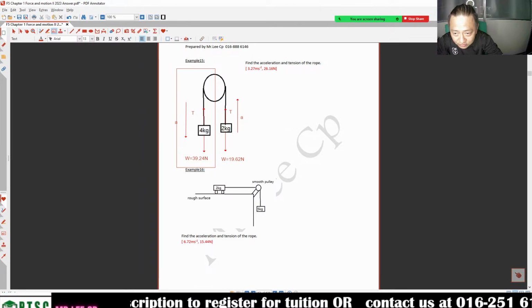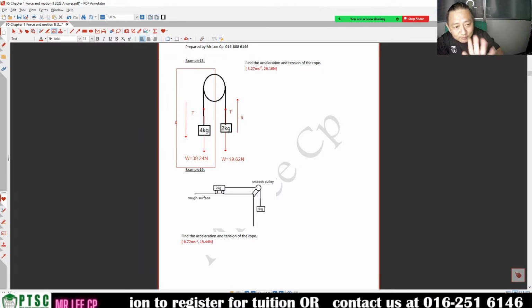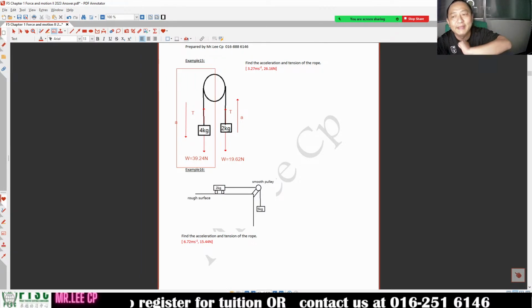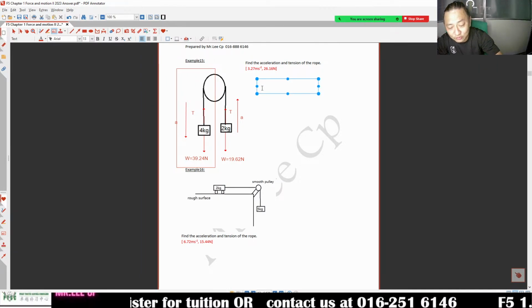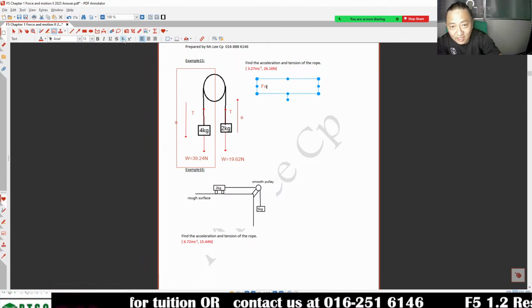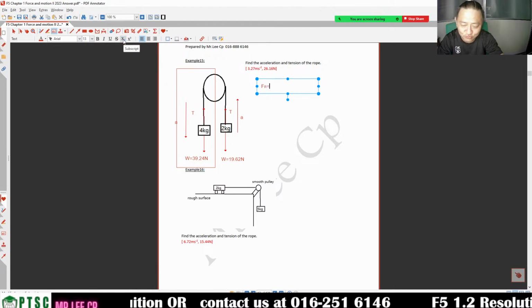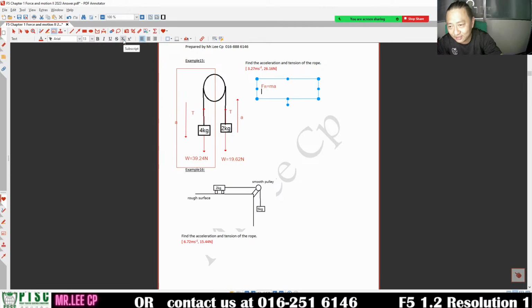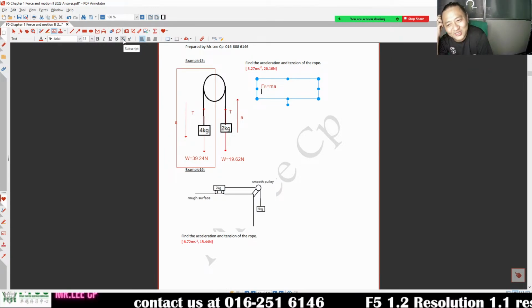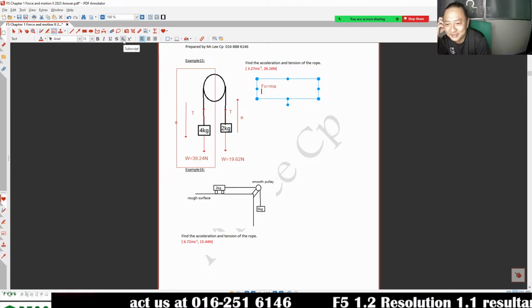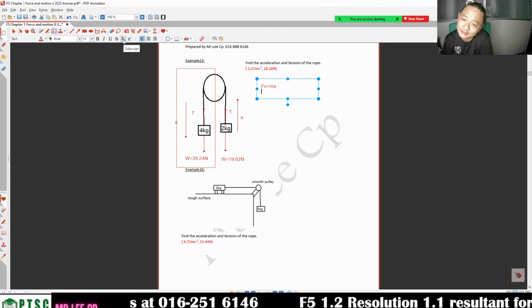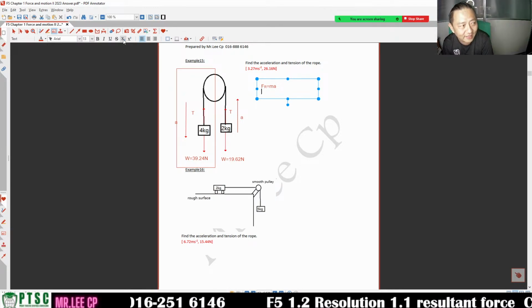Bigger minus smaller is equal to MA. Write resultant force, substitute numbers and label it as 1.